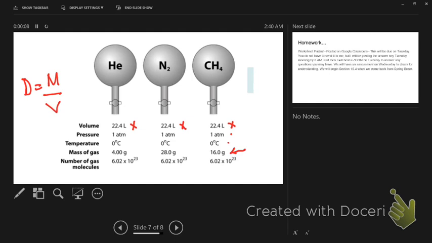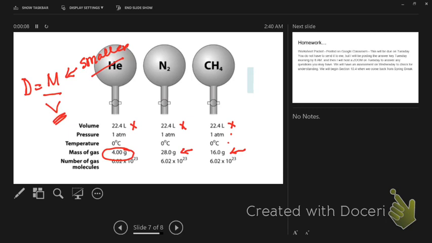So if this is smaller, and if they're all going to have the same volume, then that means it's going to have a lower density, right? Which, if you look at the mass of helium as compared to nitrogen, and also this is methane, CH4, okay?